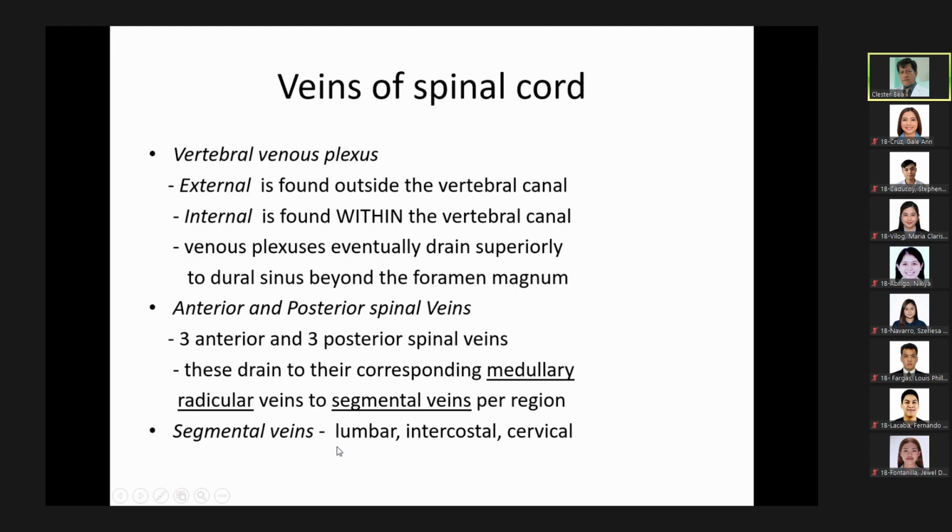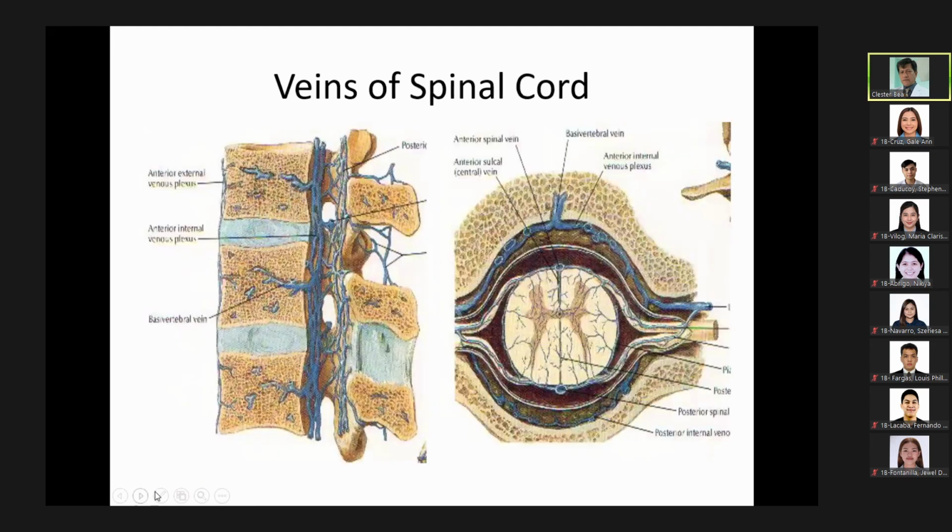If there are segmental veins at the level of the lumbar, then they will drain to the inferior vena cava area, and so on and so forth. So they can drain transversely, or they can drain vertically upward, the spinal veins. These are your internal venous plexus.